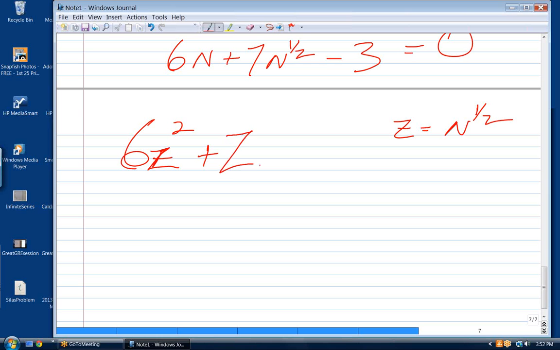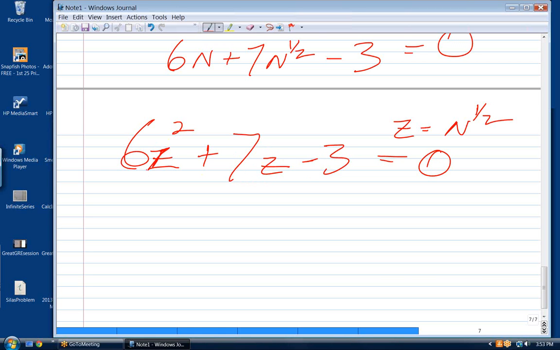Plus 7z. And that's the key. That's how we picked what to use for substitution, because when we were done substituting, we want this to be a normal looking quadratic, and a normal looking quadratic has z as the middle term, not z to the 1/2.